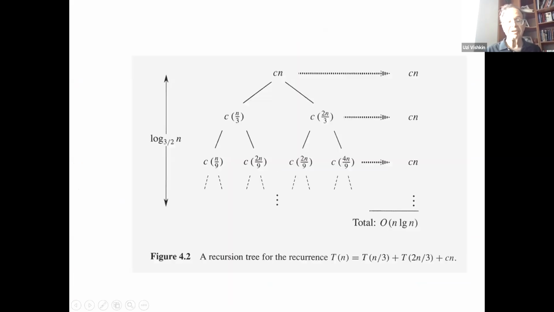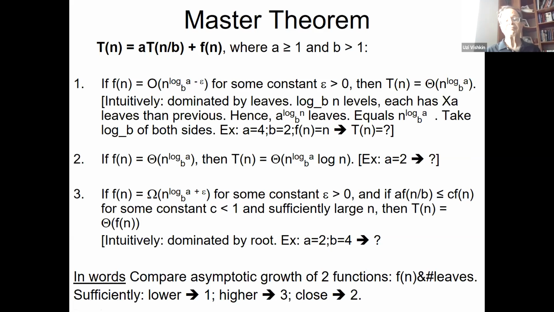What you have in the solution is either the number of leaves times log n or f(n) times log n, because they are equal, so it doesn't matter. I hope it's clear to you that here I could have replaced this term by f(n) because they are equal.